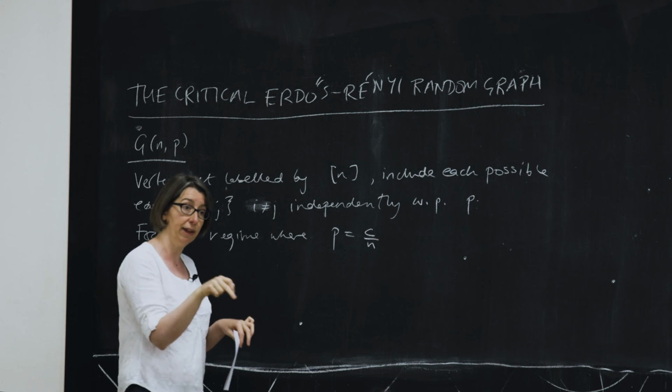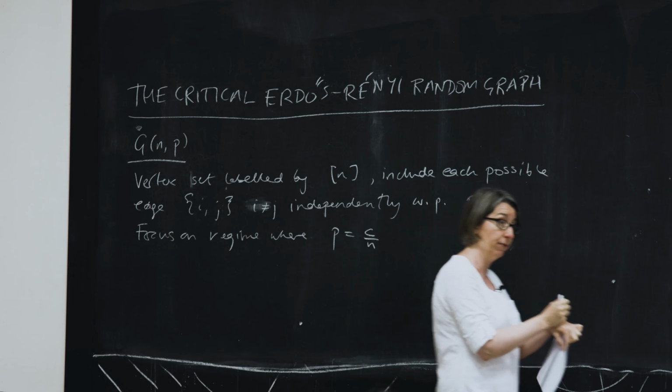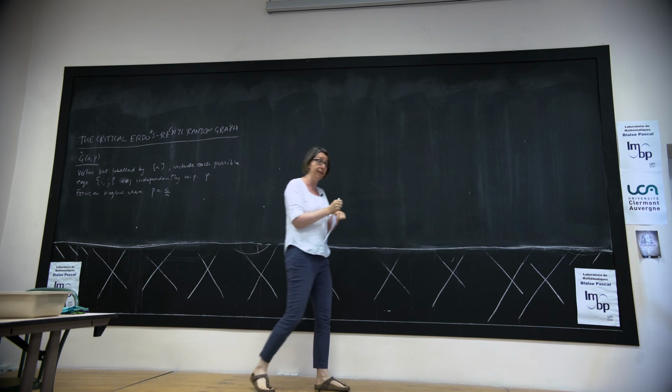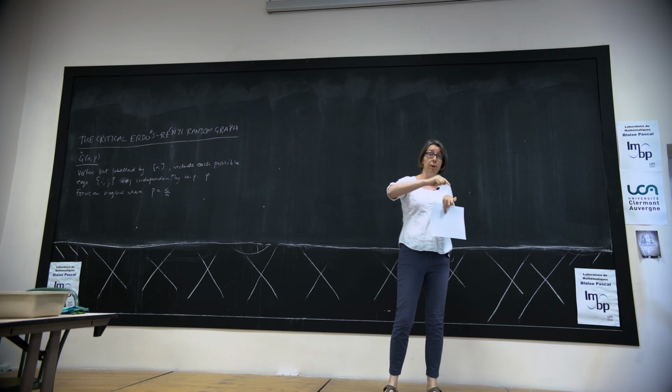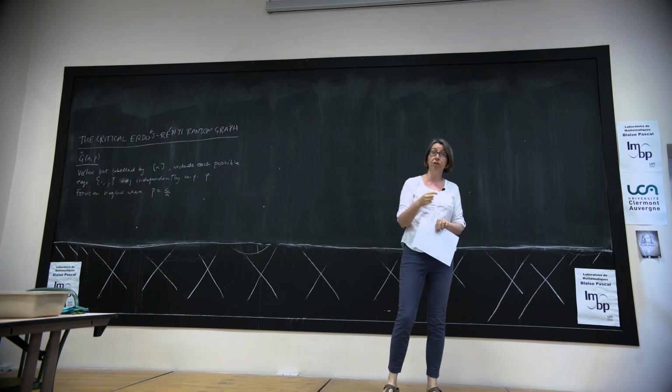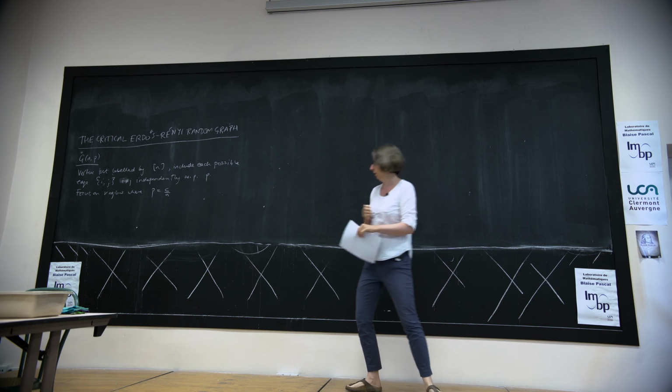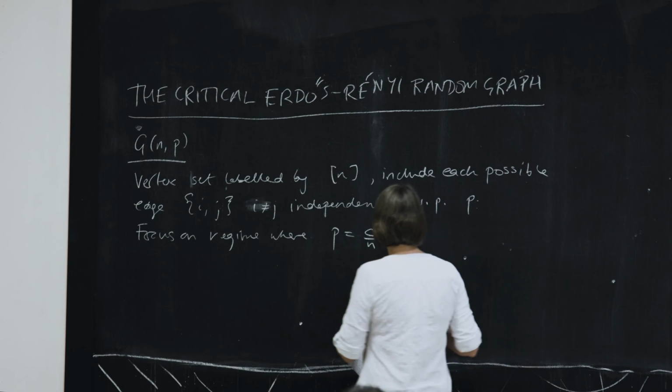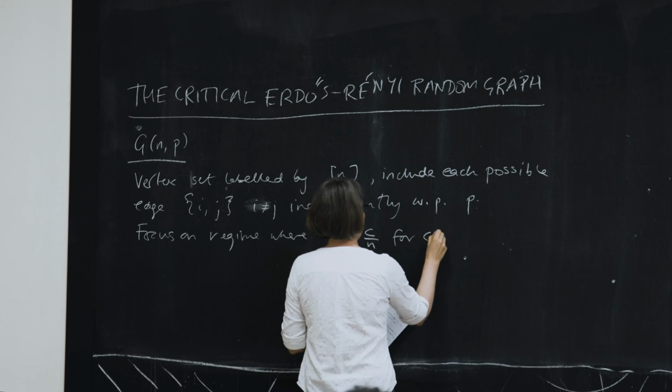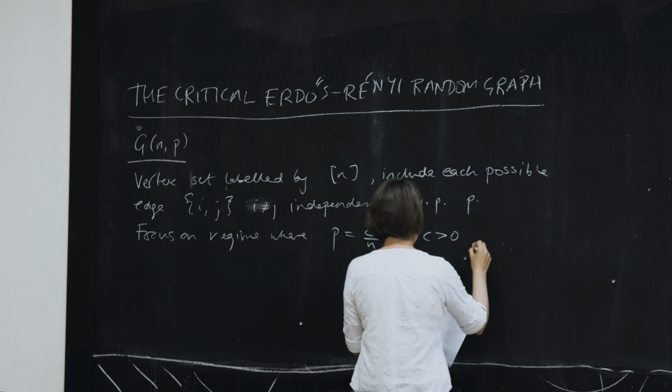So let's quickly think about what the degree of a specific vertex in my graph is distributed as. I've got n minus 1 possible neighbours, each of which is present with probability c on n. So on average I'm getting c-ish neighbours as long as n is large. I'm thinking about c here as being a constant.